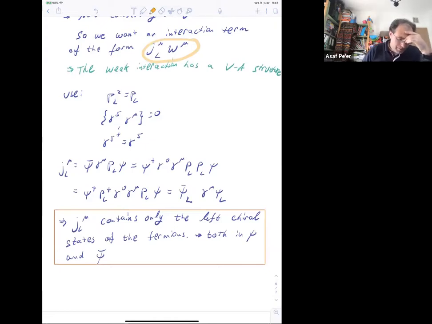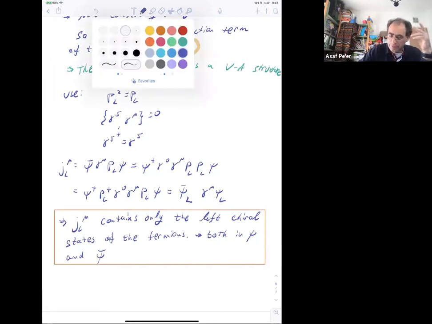The charged current weak interaction operates only on the left chiral components of all fermions. That's exactly what is written here.